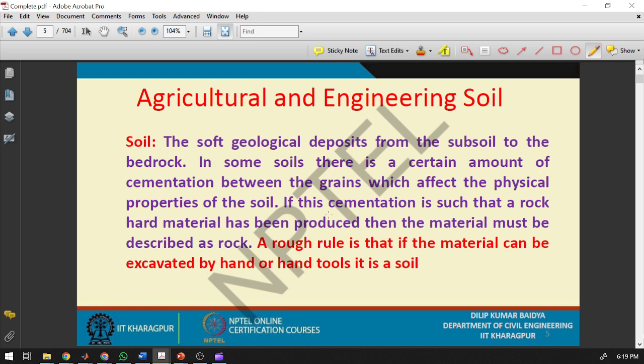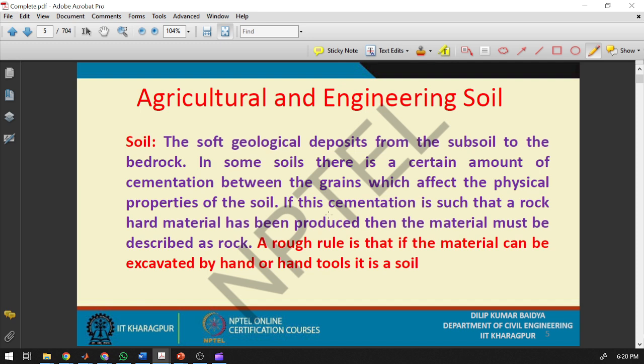It has to have pockets of nitrogen, oxygen, and carbon dioxide, some gaseous composition, because deep down you will not have this air composition the same. So this is what is required in an agricultural soil.